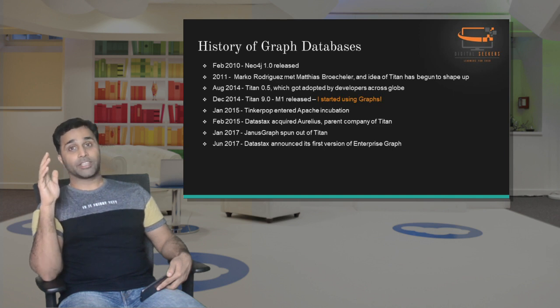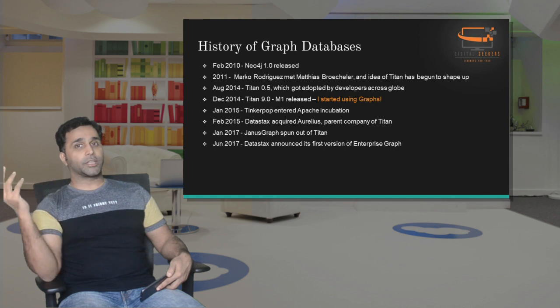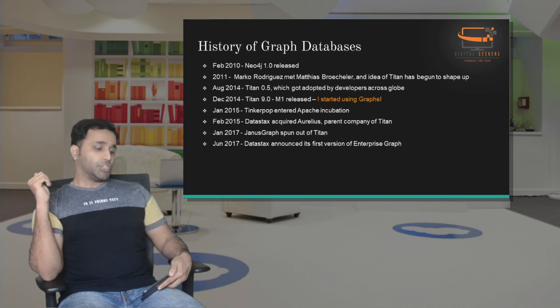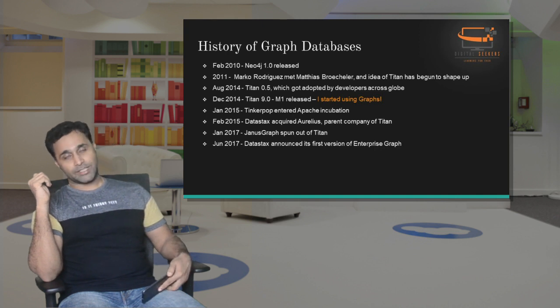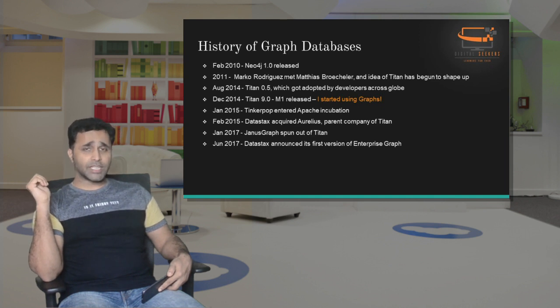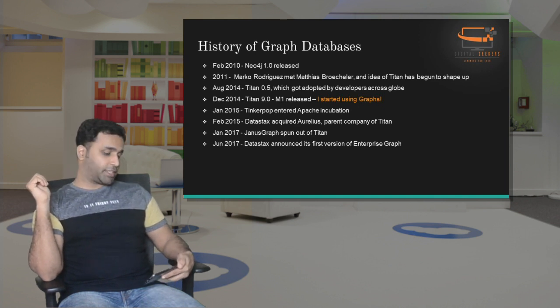They were wondering whether they had to continue using Titan or drop it, because there was no taker in the market for Titan. In January 2017, JanusGraph was released under the Linux Foundation. The Linux Foundation adopted Titan 1.0 and released JanusGraph in January 2017.